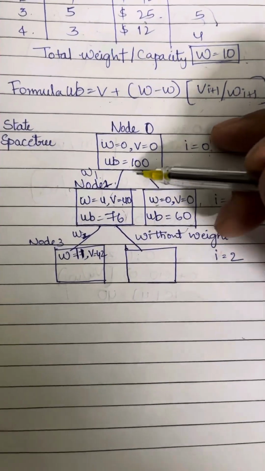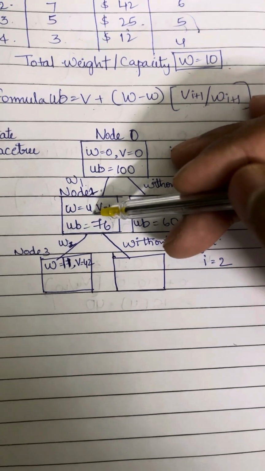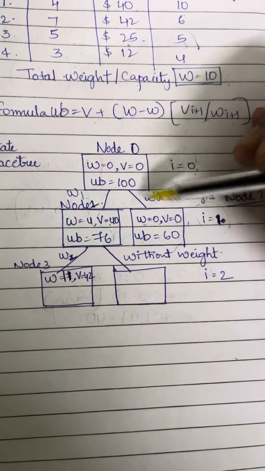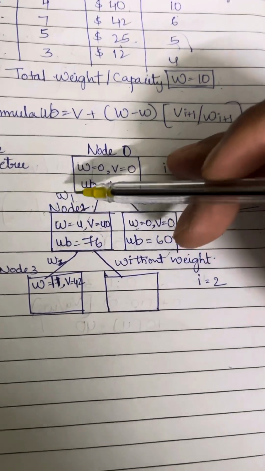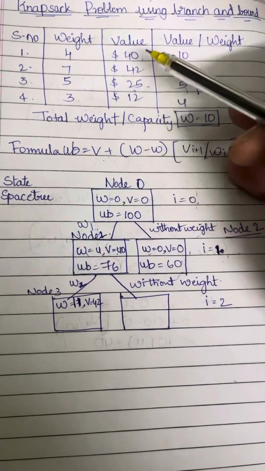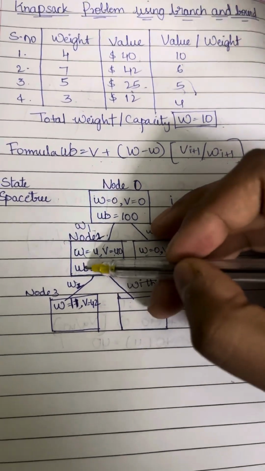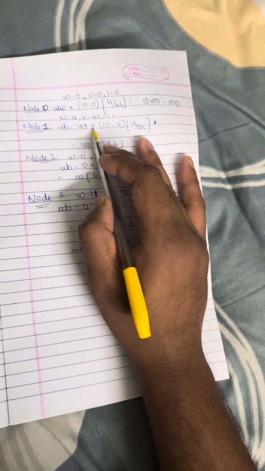Now let's split it with weight. The left side carries the weight, the right side carries without weight. So the left side contains weight. Now weight 1 is 4, value 1 is 40. Now let's calculate the upper bound value for node 1.